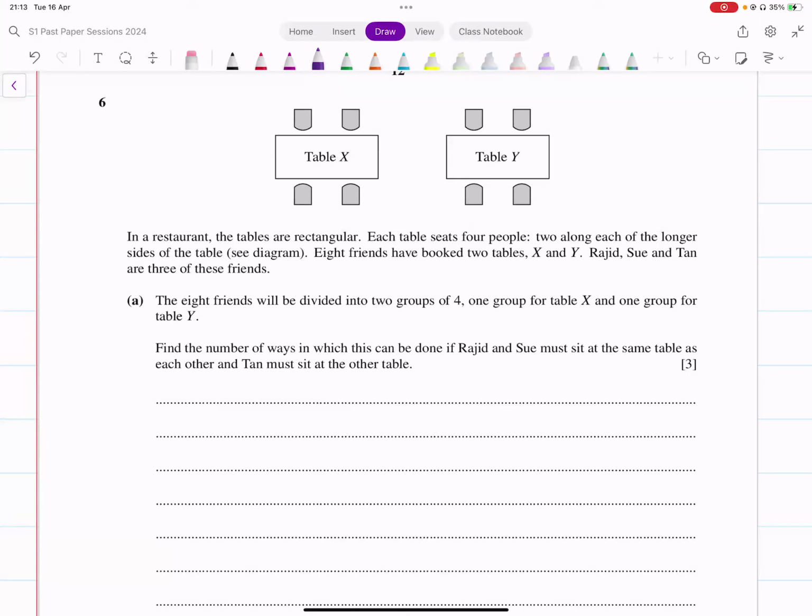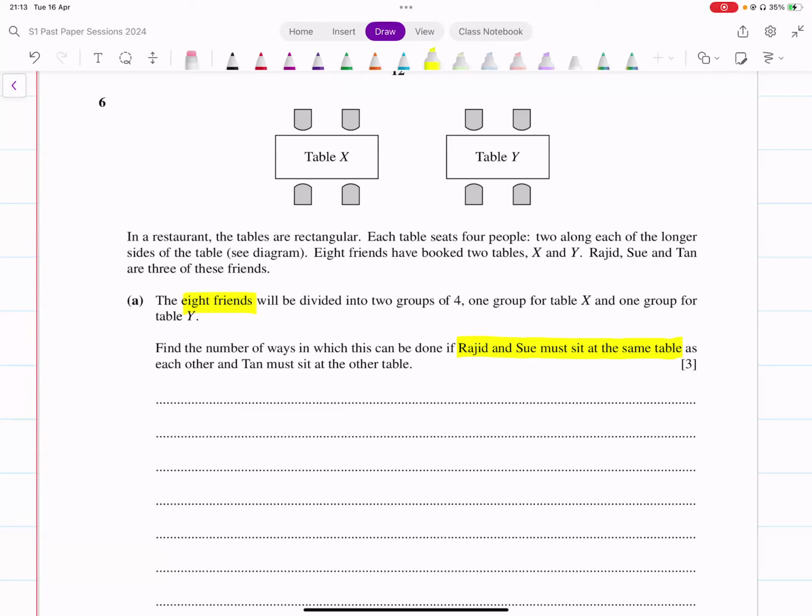Okay, so they need to be divided into 2 groups. We have 8 friends in total. Rajat and Sue must sit at the same table and Tan must sit at the other table.